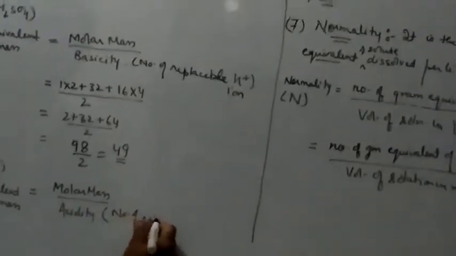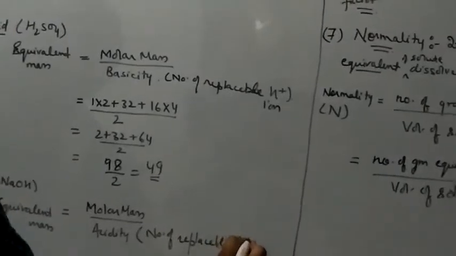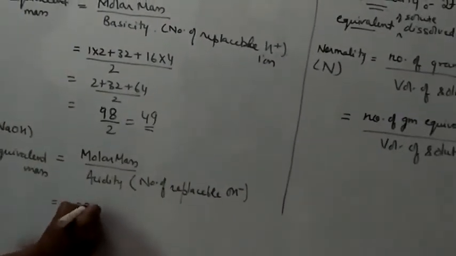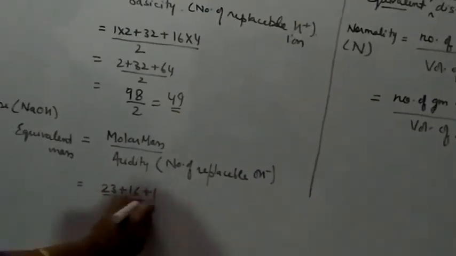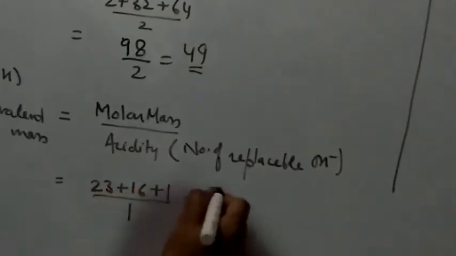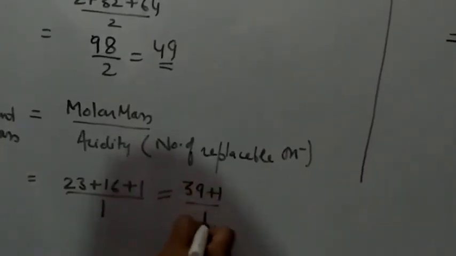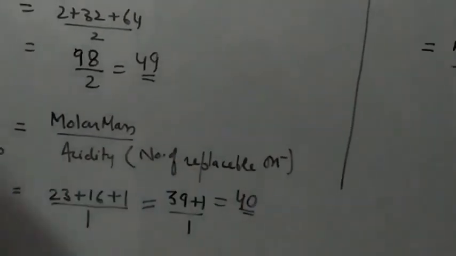So molar mass: Na is 23, oxygen is 16 plus 1, divided by 1. So how much is it coming? 23 plus 16 is 39 plus 1, right? It is coming 40. So 40 will be the equivalent mass.